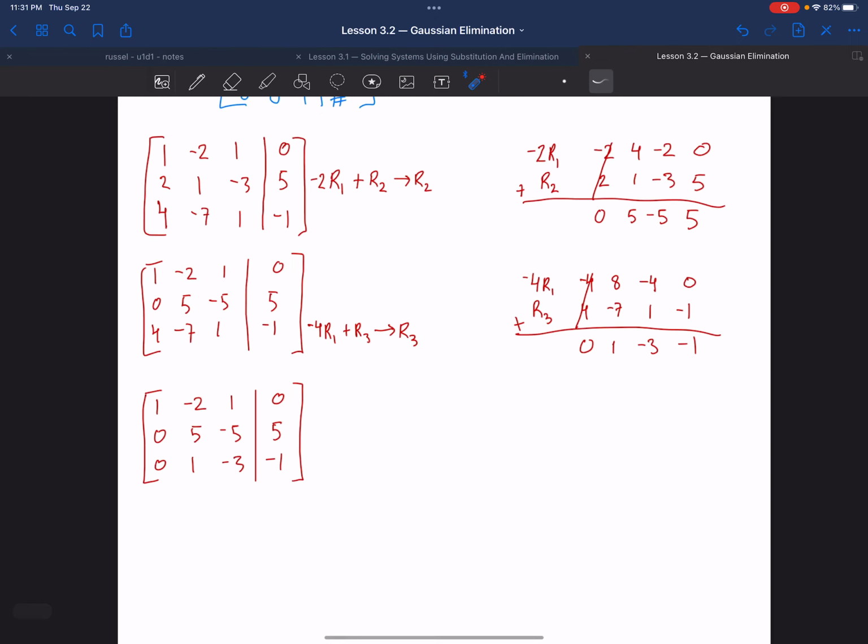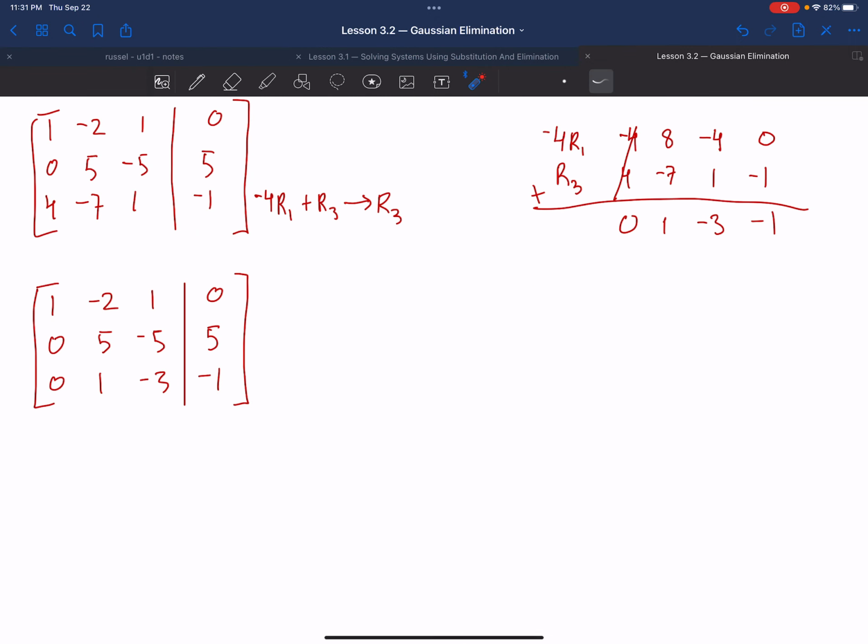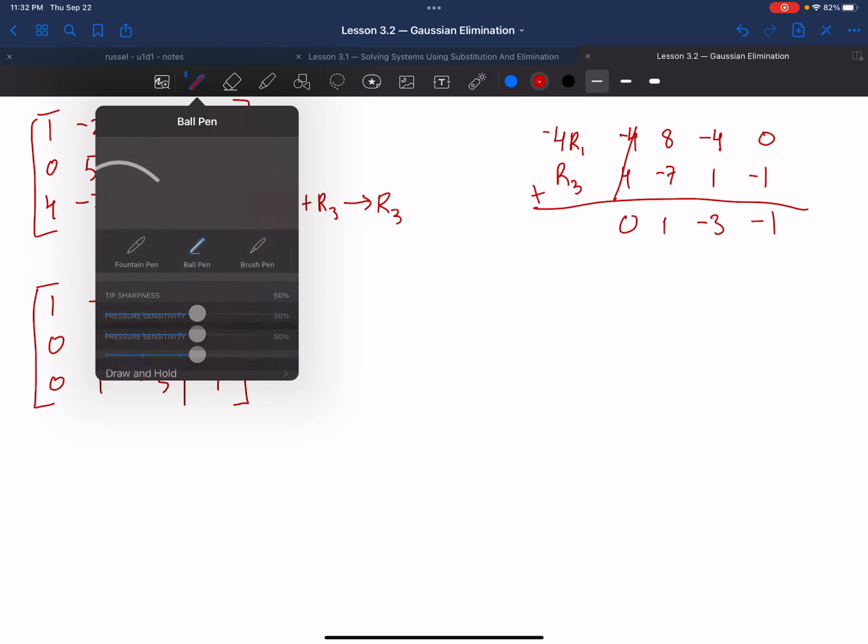Now, I noticed one of the rules was swap. Notice this 1 here, I could put this here by swapping the rows. And this would be okay because these zeros are not going to change.